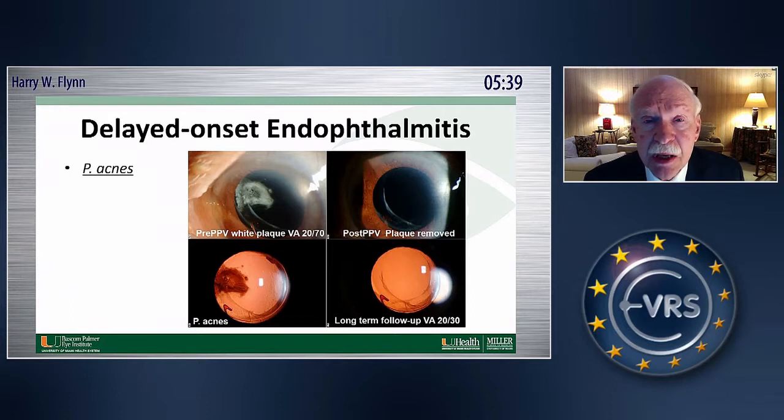This is another case of chronic endophthalmitis with a progressive white plaque extending across the posterior aspect of the lens. After vitrectomy and removal of the capsule, the patient had a good long-term result without residual inflammation.